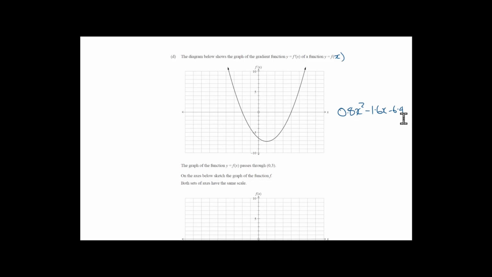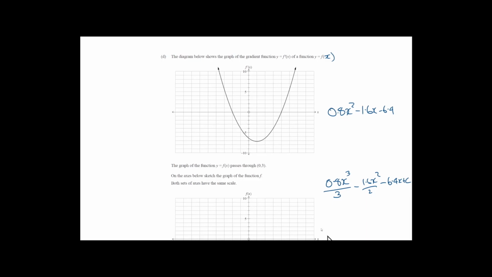So we need to integrate that. I'm just thinking out loud. When we integrate that, the 0.8 stays there, the x squared becomes an x cubed, and we have to divide by 3, minus 1.6 x squared over 2, minus 6.4x plus c. We don't necessarily know what the c is, but they do give us 0, 3, so we know that the c must be 3.